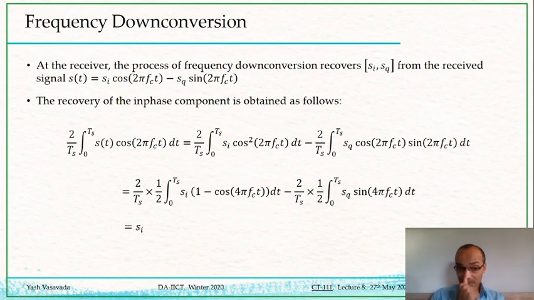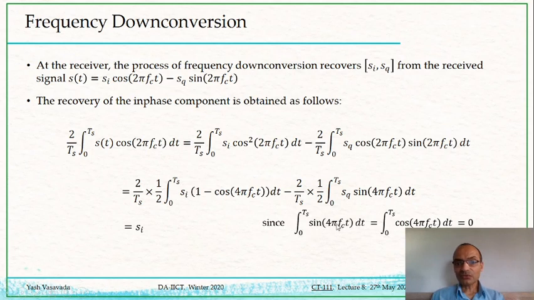But this is actually equal to S of I. And the reason why is because sine of 4 pi f ct integrated over symbol duration, where fc is much greater than 1 over ts, and similarly cosine of 4 pi f ct, again integrated over symbol duration, they both are 0.